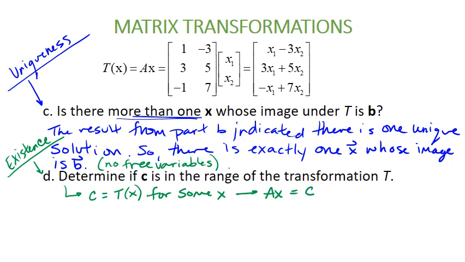Okay, so let's set this up. When we set this up, you may notice that it is very similar to part B. However, the only difference is the last entry. So I'm just going to set my augmented matrix up right away, where this is A, and then C is the column 3, 2, 5.